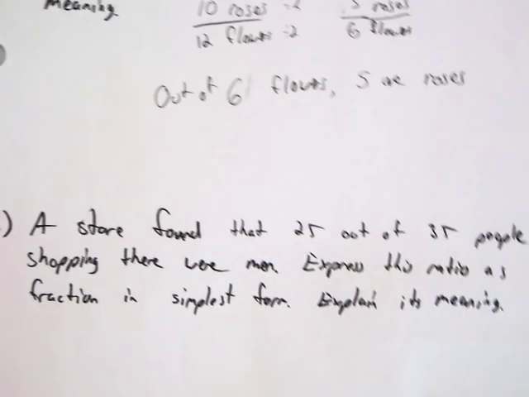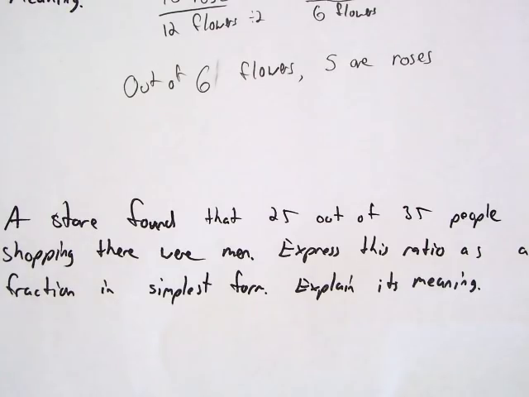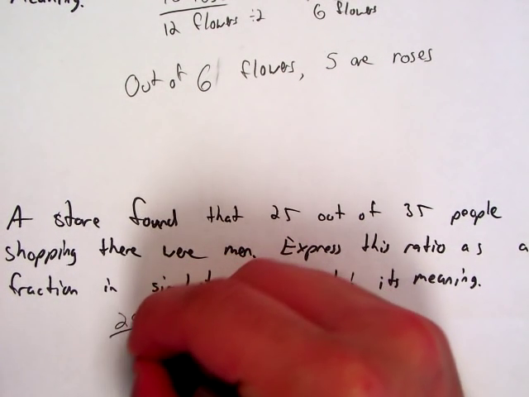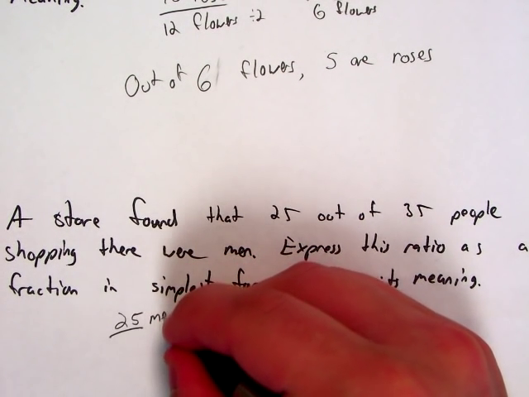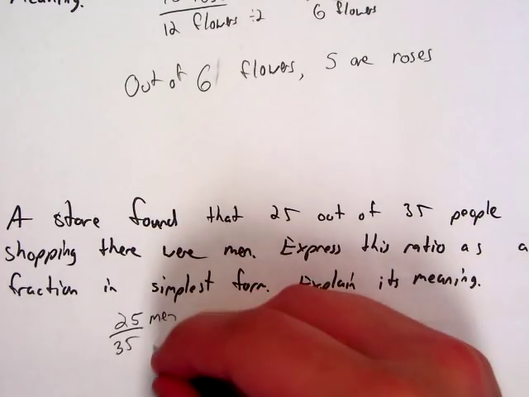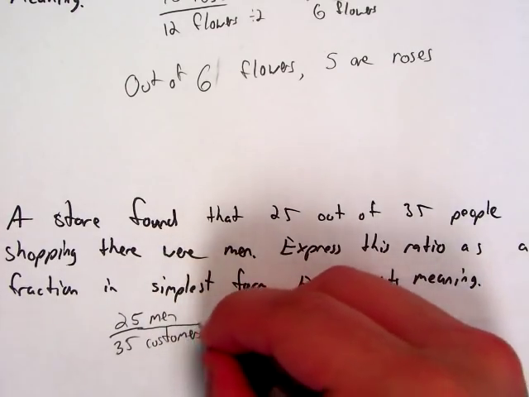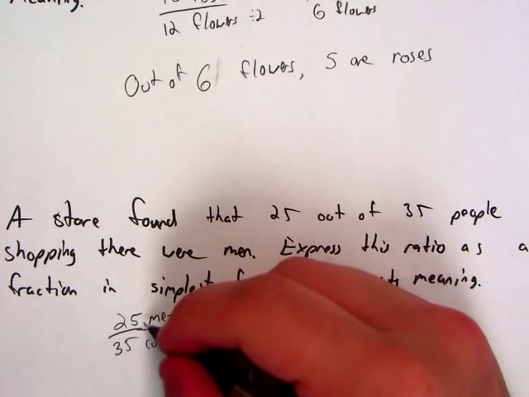Example 2, it says a store found that 25 out of 35 people shopping there were men. Express this ratio as a fraction in its simplest form. Explain its meaning. So again, 25 men out of 35 total customers. There's a common factor of 5 here.